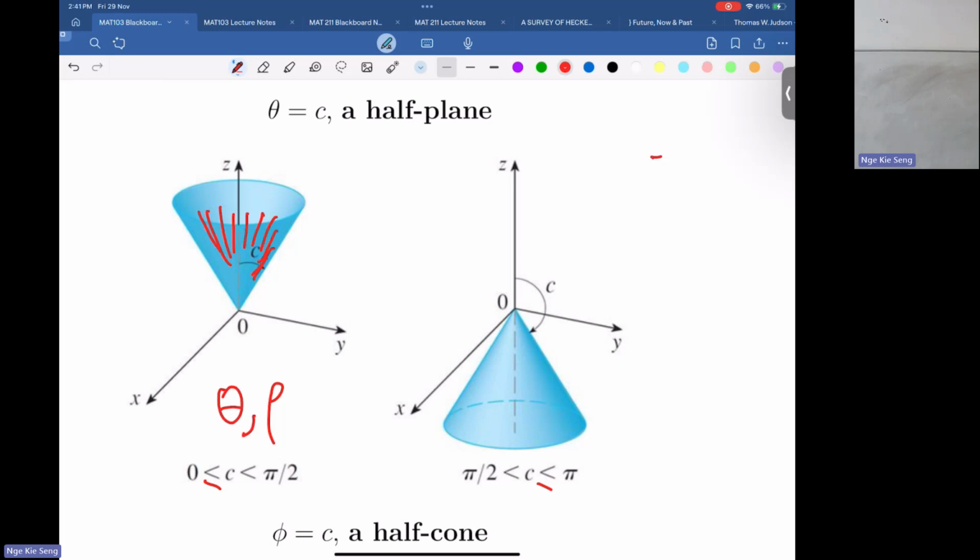So if you fix one phi, that is the real cone. But when phi equals 0, maybe we call it a degenerate cone: the cone gets squashed into a line. Degenerate cone, where all the points are squashed onto a line. That makes sense.